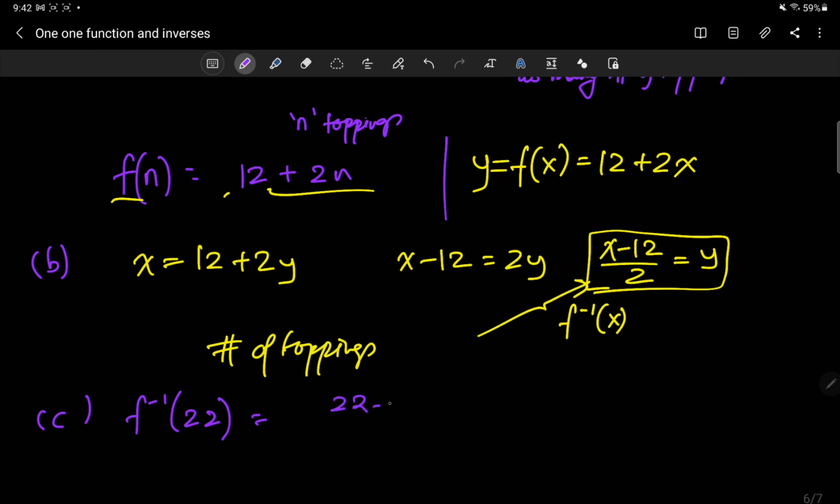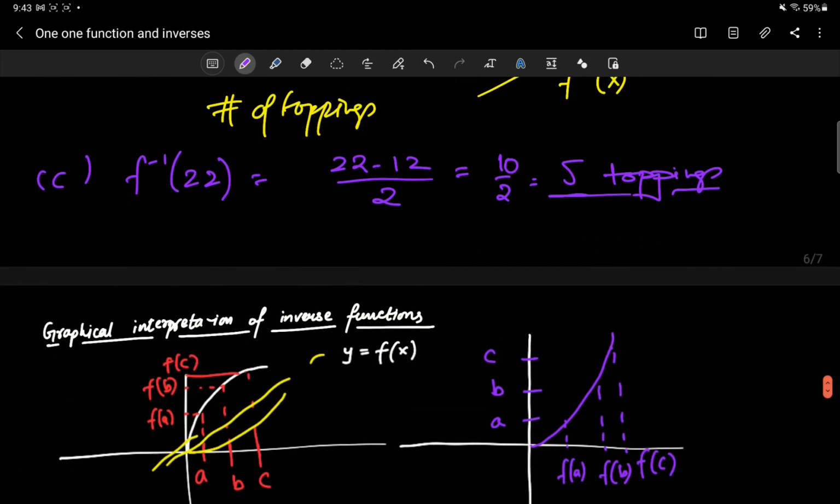That's going to be (22 minus 12) over 2, which is 10 over 2, which means there were 5 toppings on this pizza. So it's a five-topping pizza. One of the utilities of inverse functions is to be able to find what input is required to get a particular output.